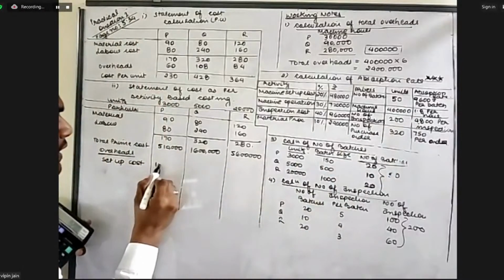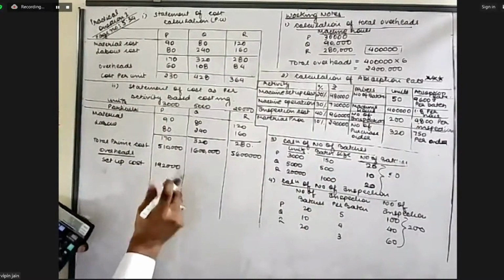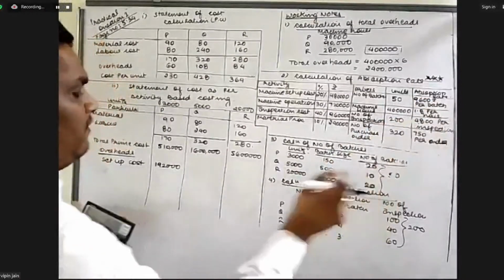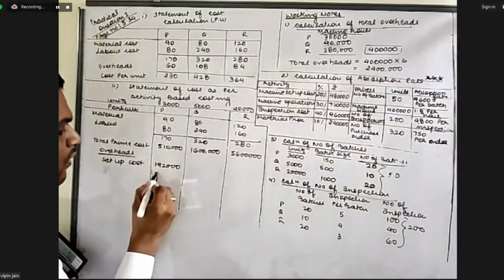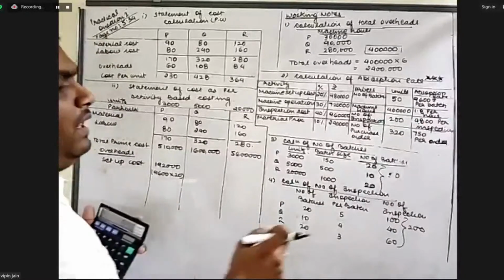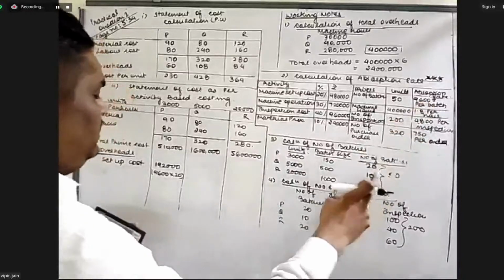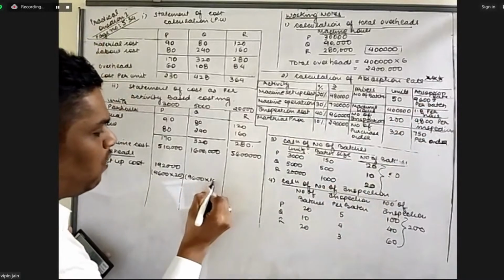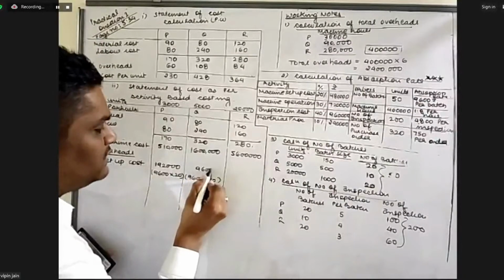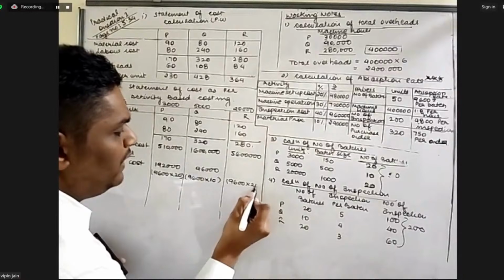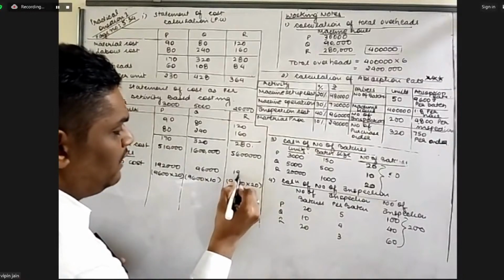So this will be 1,92,000. How come 1,92,000? 9,600 per batch into the number of batches, that is 20. Similarly, 9,600 into 10, that is 96,000. Similarly, 9,600 into 20, that is 1 lakh.